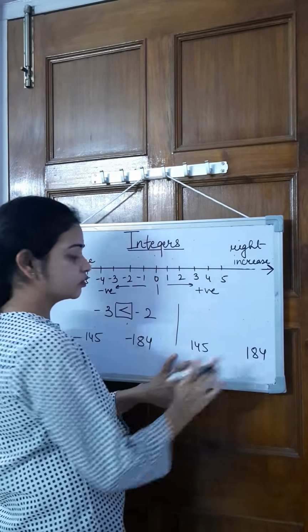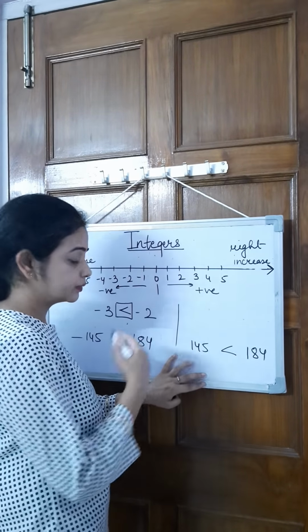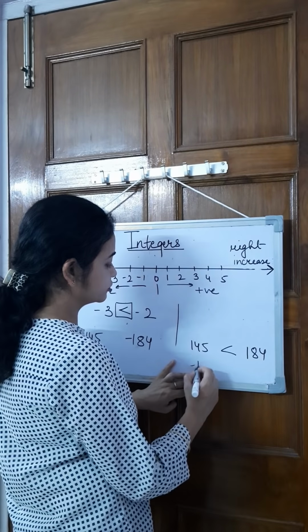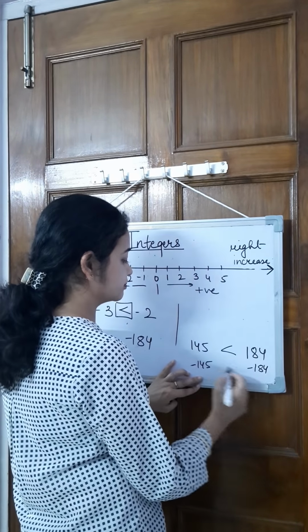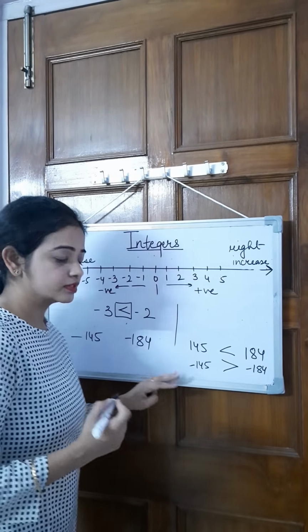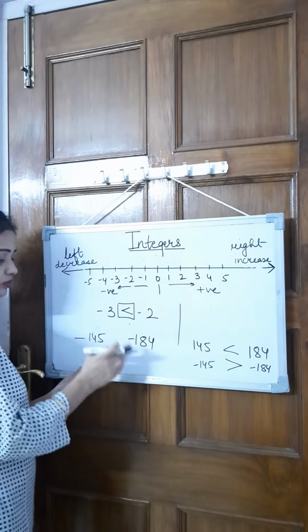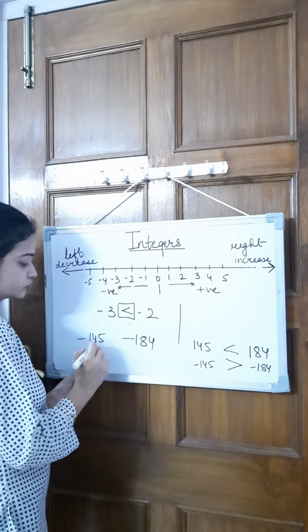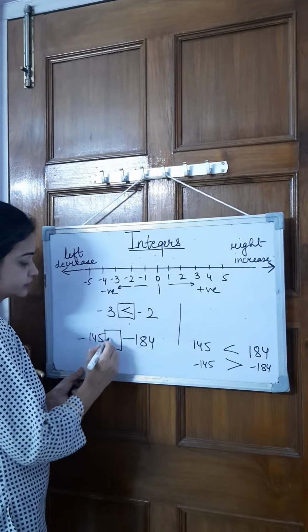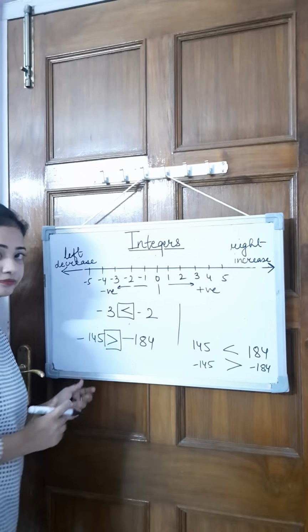If I take them as whole numbers, then obviously 184 is greater. And as I have said just now, if I put a negative sign before numbers, then the smaller number becomes the bigger number and the bigger number becomes the smaller number. So 145, which was smaller when I take only the positive number, is actually greater when I take the numbers as negative. So -145 is greater than -184.